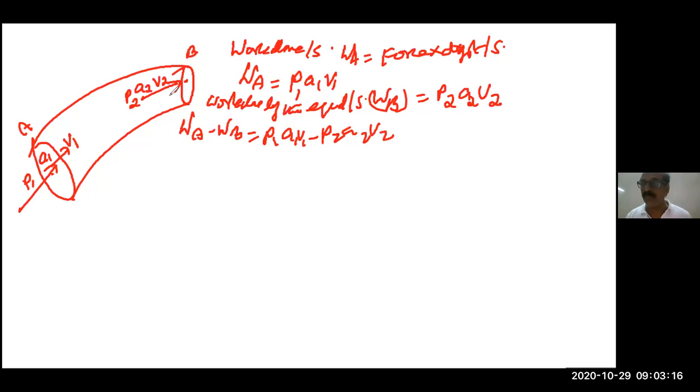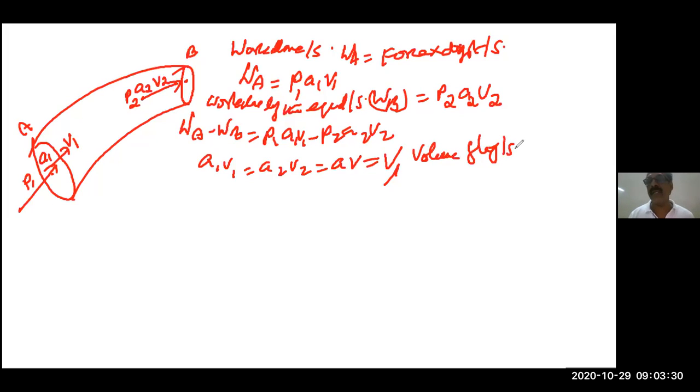For a streamlined flow, we know A1V1 is equal to A2V2 is equal to AV. This is equal to capital V, the volume of the liquid flowing per second. So A is area, V is velocity, capital V is volume flowing per second.